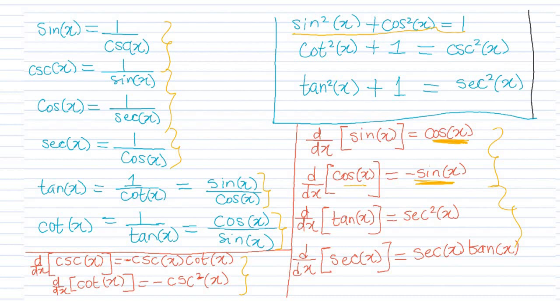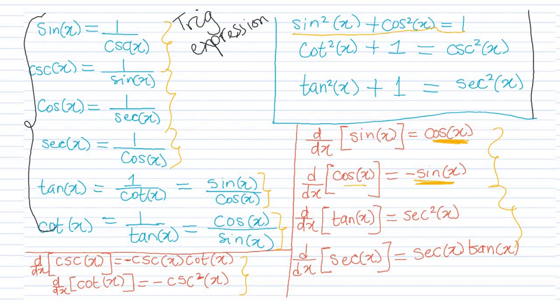So this first area to the left side of the screen is just trig expressions, like sine x equals 1 over cosecant x, and cosecant x is the same thing as 1 over sine x, or secant x is the same thing as 1 over cosine x, or tan x is the same thing as 1 over cotangent x. So these are just basically trig expressions.